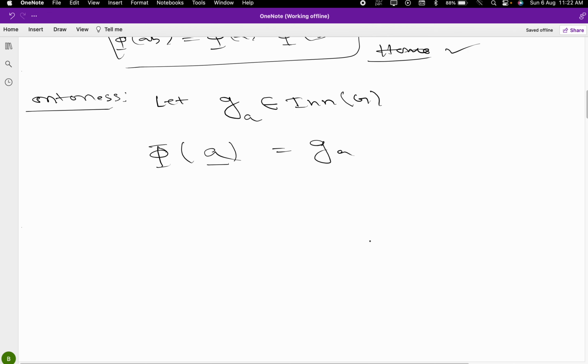You can take b, nothing else. If you take f_b, then take b inside the group G. This means that this map Phi is onto. What about one-to-oneness?